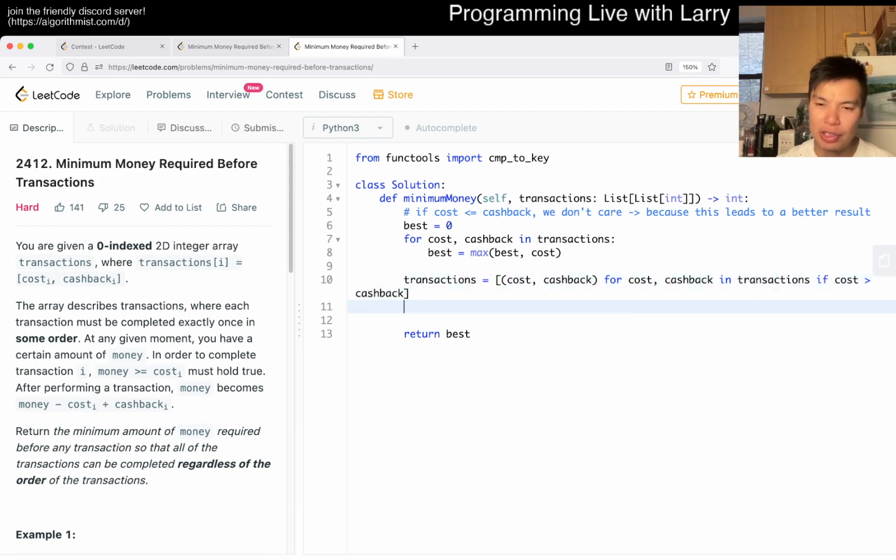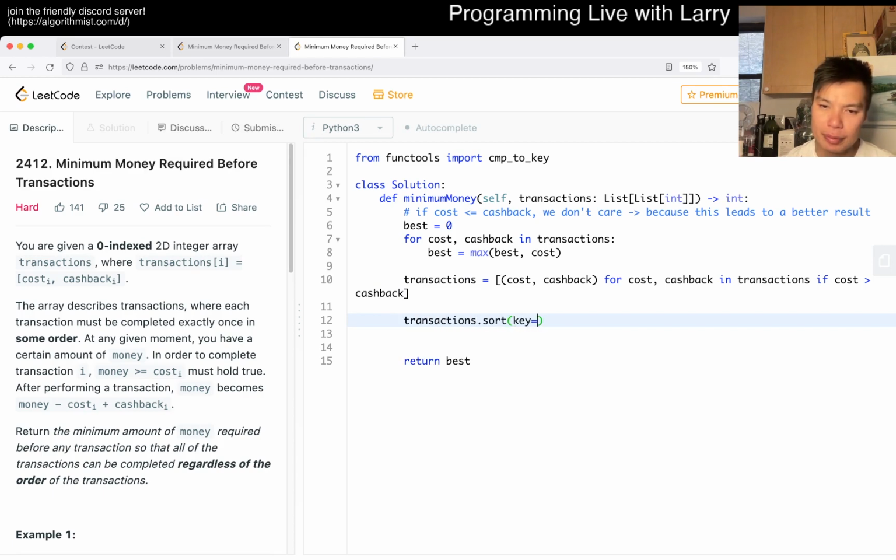So now we filter the other ones out, and now we can sort by cost minus cash back.